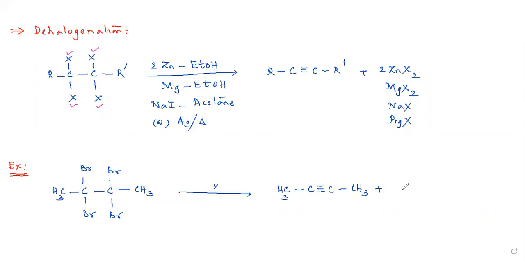That's it. We get ZnBr. The same way it can be MgBr2 or NaBr or even silver bromide. So these are the preparations of alkynes.